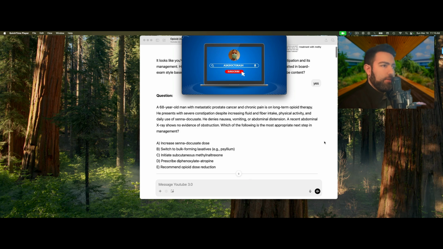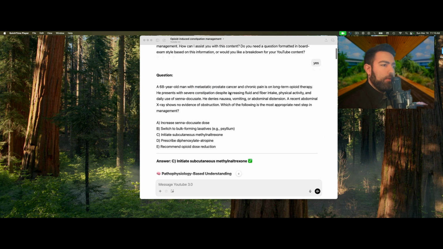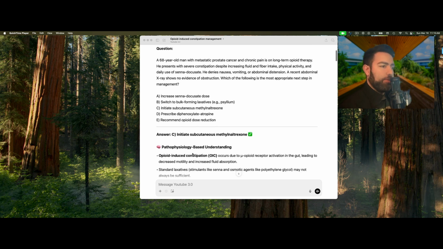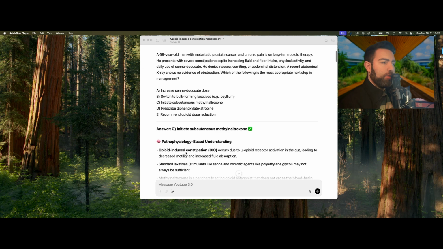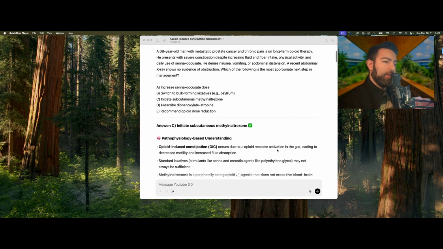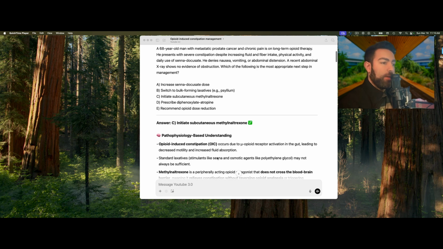All right. So this is going to be the initiation of the methylnaltrexone, right? So the pathophysiology of this patient is the opioid-induced constipation, which occurs due to the mu opioid receptor activation in the gut, leading to decreased motility and increased fluid absorption.